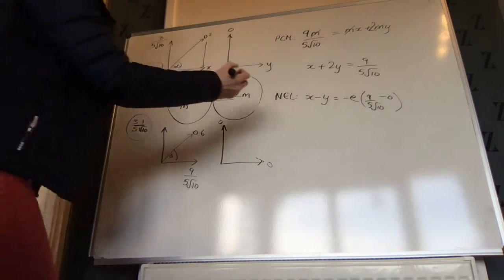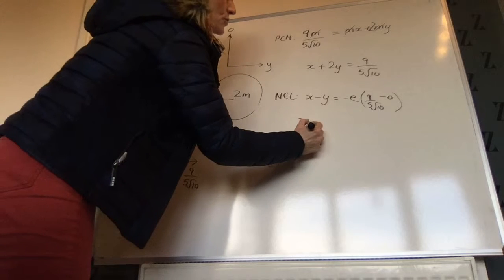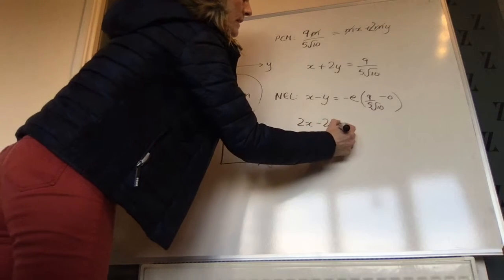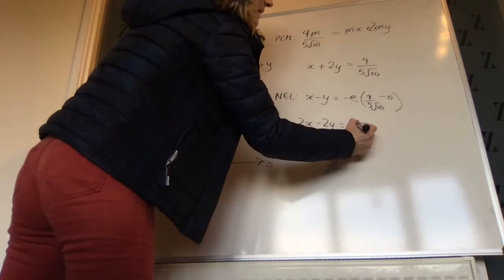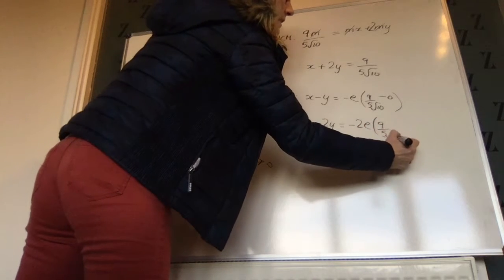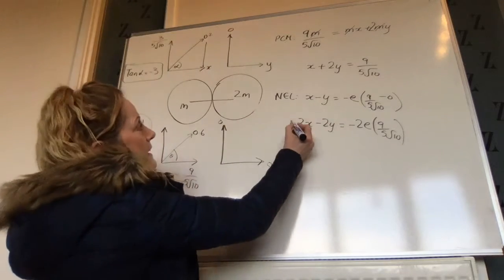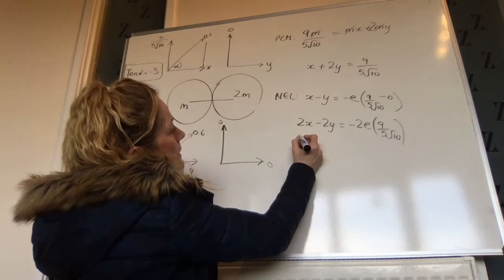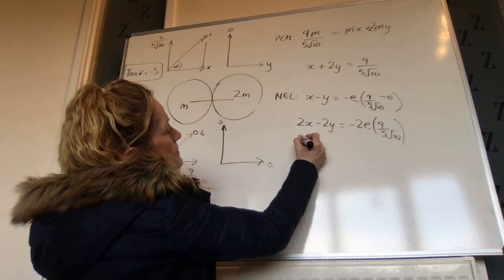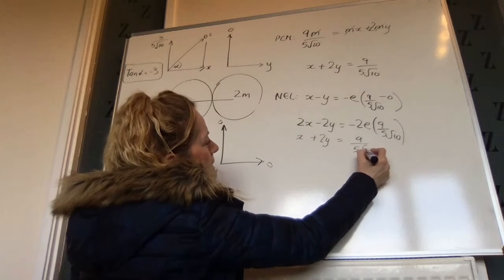So we're going to eliminate our y's. So we need to multiply this one by 2. So 2x minus 2y is equal to minus 2e times 9 over 5 root 10. Now we also then have x plus 2y is equal to 9 over 5 root 10.